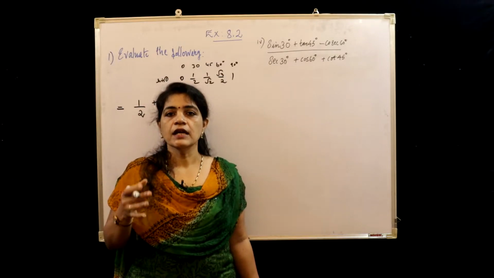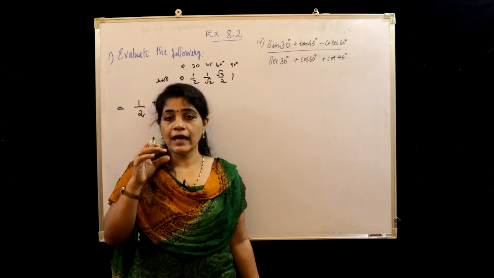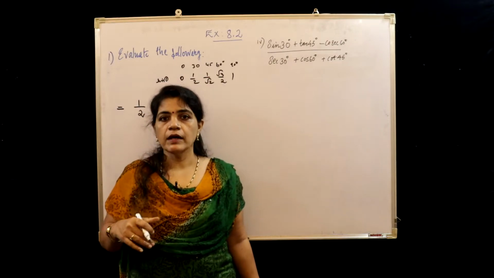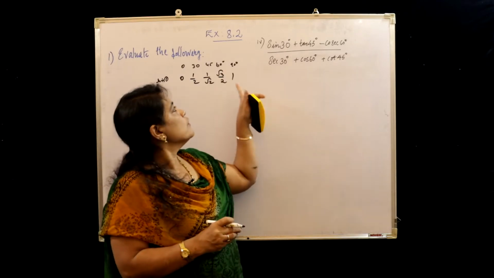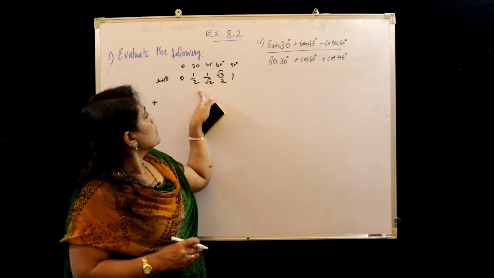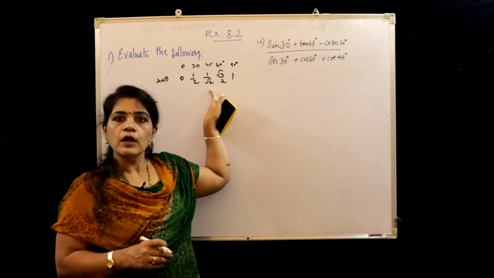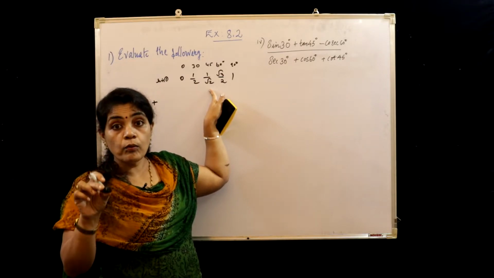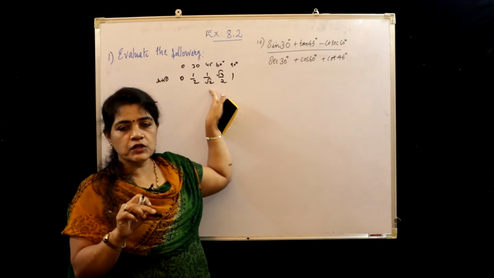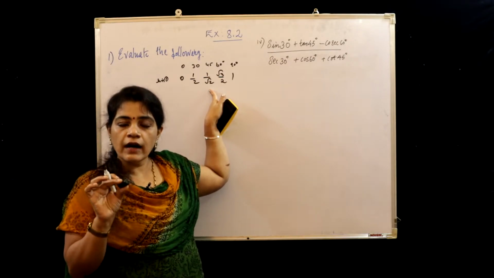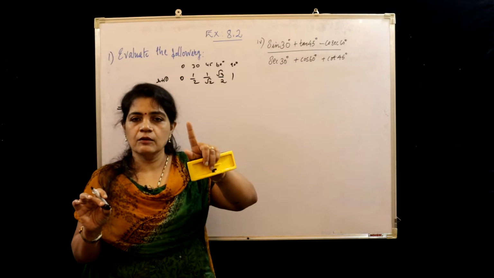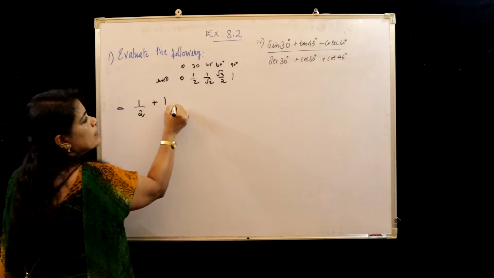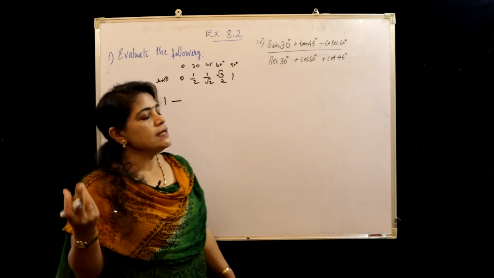What is sine 45? 1 by root 2. And cos 45 is also 1 by root 2, because they are complementary angles. So 1 by root 2 divided by 1 by root 2 is 1. That means tan 45 is 1. So plus 1 minus cosec 60.